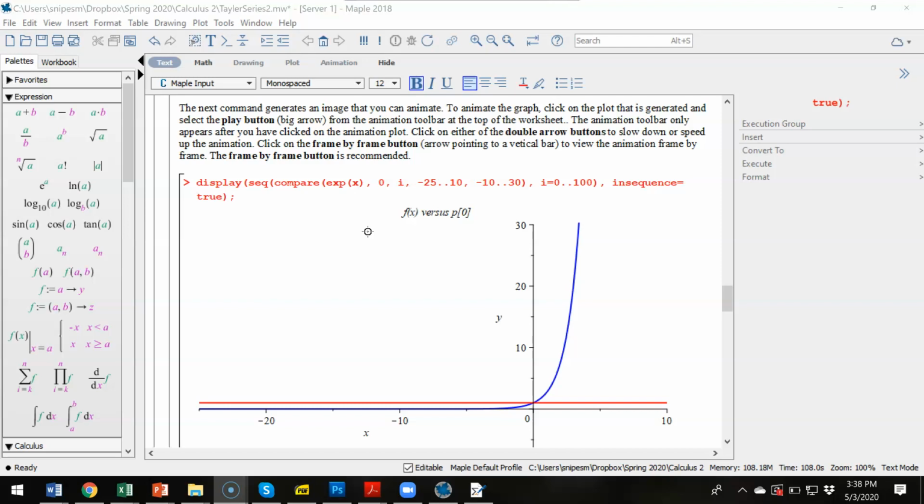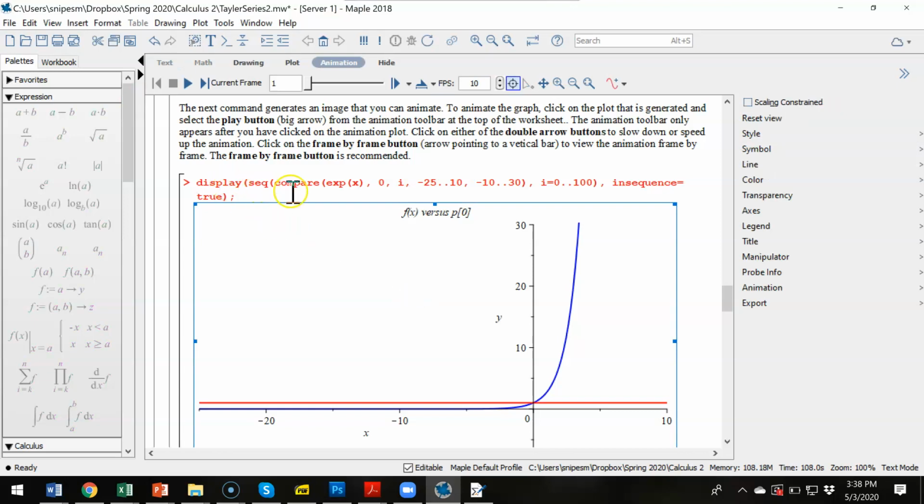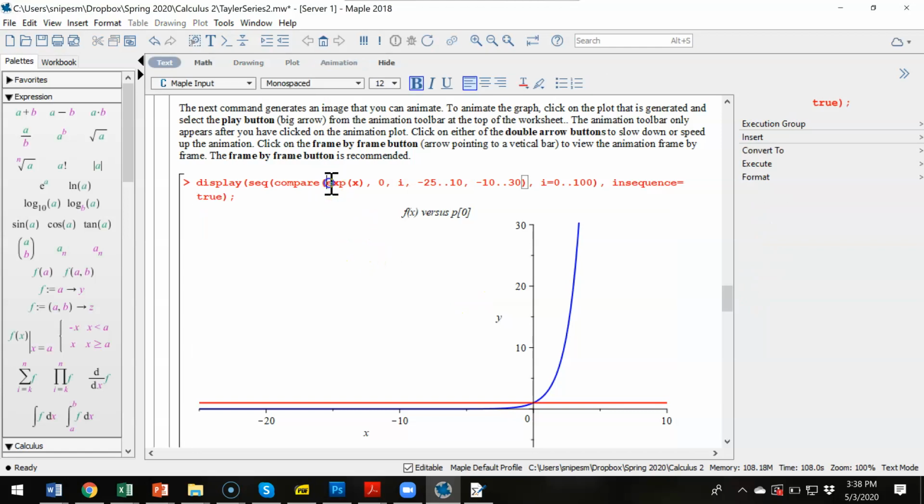And the way Maple's calculator works, we're able to see much higher degree functions than you can see using Desmos. So the convergence issues that we want to be thinking about are a little more evident here. I've already executed this command and it's created this video, working with the function e to the x.